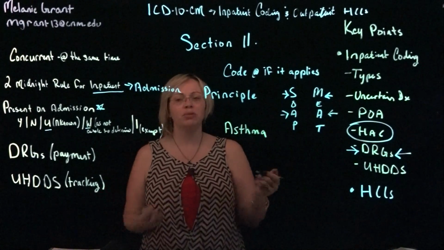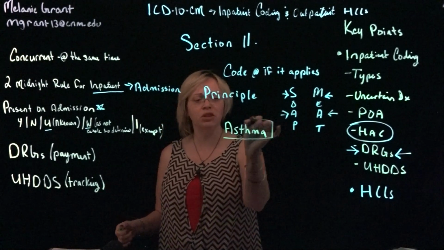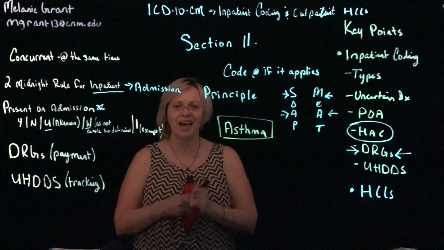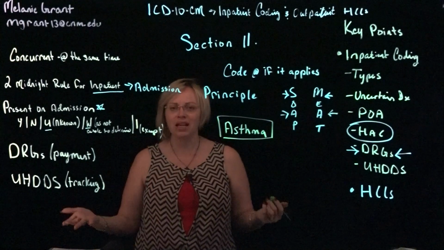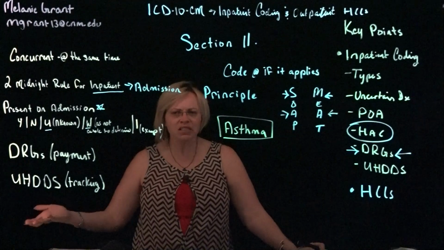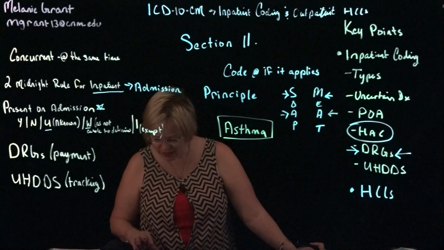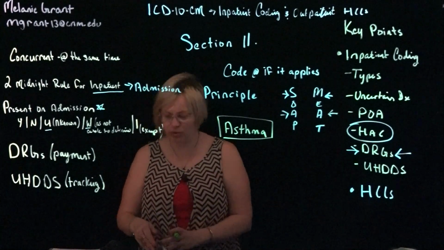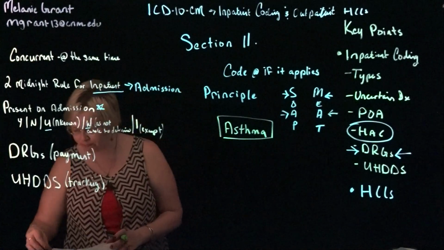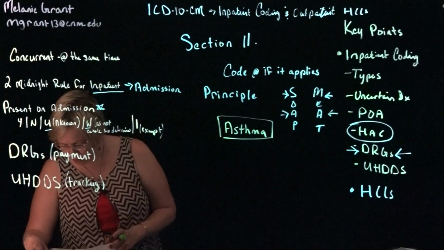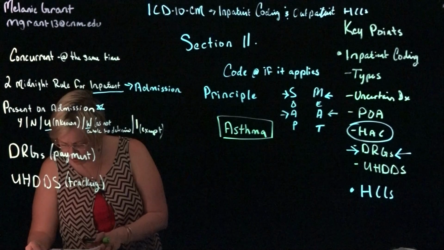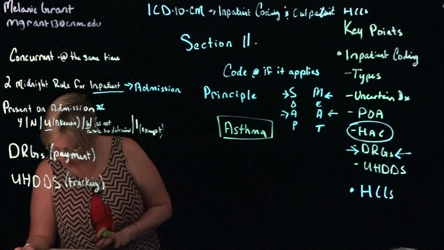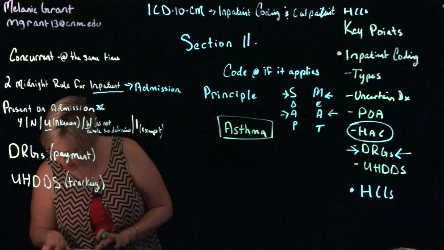So let's say that your provider saw the patient, did a lot of work because the patient has asthma, and you get this 10-day hospital visit for asthma. Asthma by itself, unspecified as to the type or complication, would fall under code J45.909.